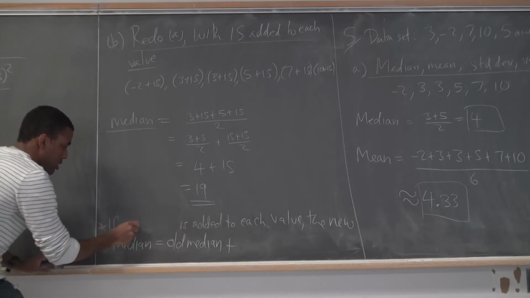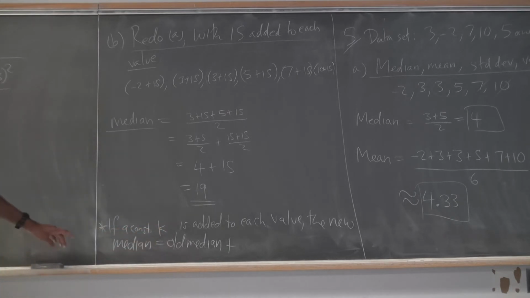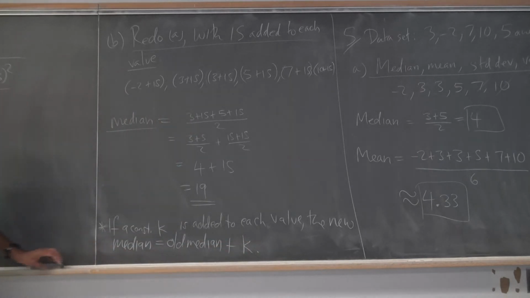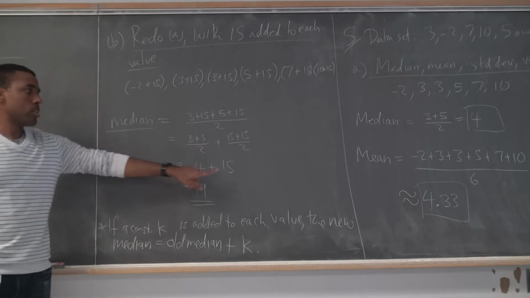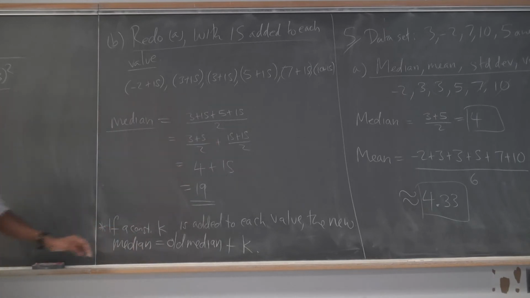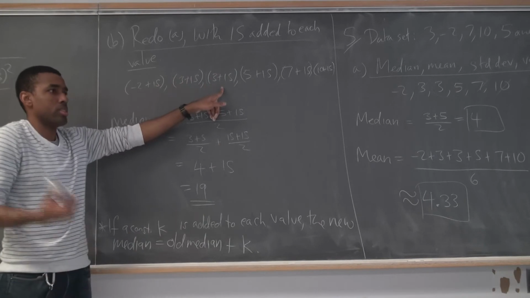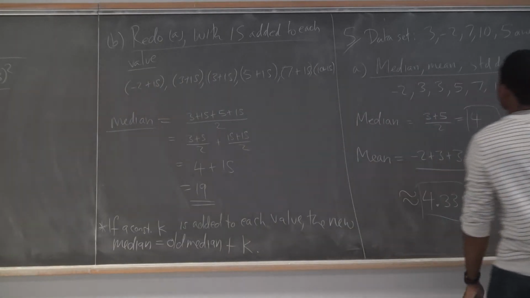If a constant k is added to each value, the new median would be the old median plus k. That's the shortcut that they wanted me to figure out. You just add to the old median whatever you added to everyone else. That actually just makes sense. Because each value increases by 15, you pick the middle one, and it's going to increase by 15. So the median should increase by 15.